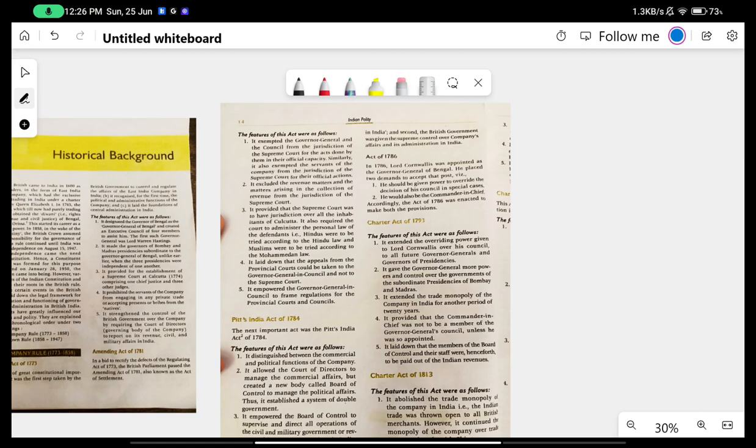Provincial councils are the councils of Bombay and Madras. Now this is obvious, since the Governor General of Bengal is the supreme authority, and his council is the supermost council, the Supreme Council. So all the other councils, that is the councils of the Governor of Bombay and Madras, are smaller councils or provincial councils.